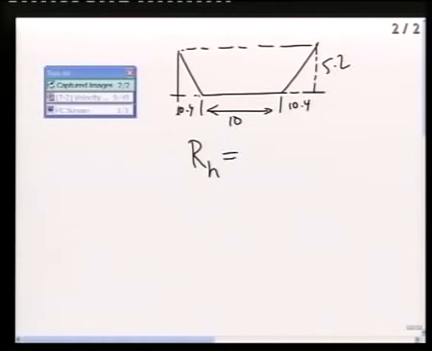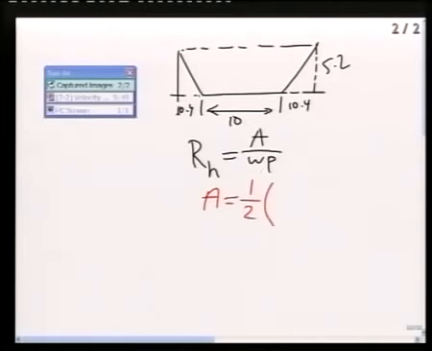First, it's the area over the wetted perimeter. The area equals summation of the two bases.